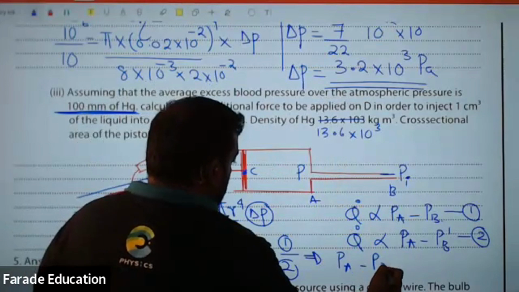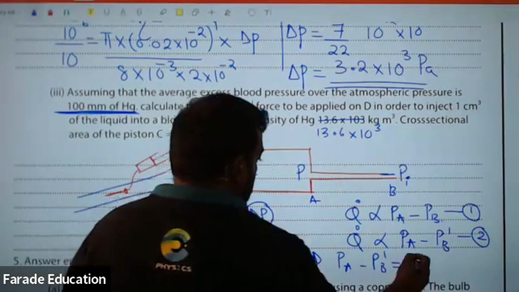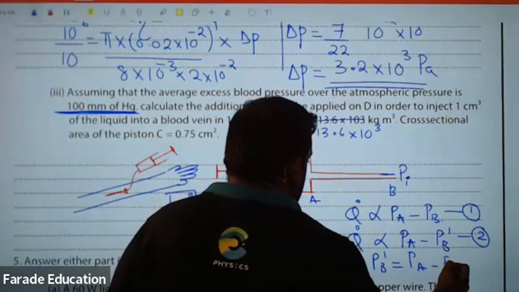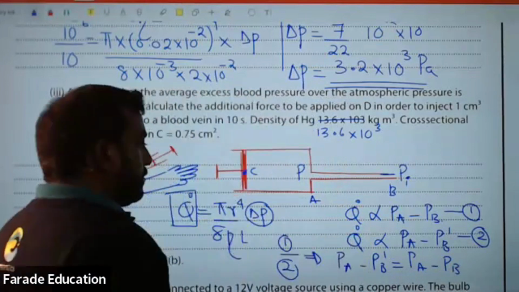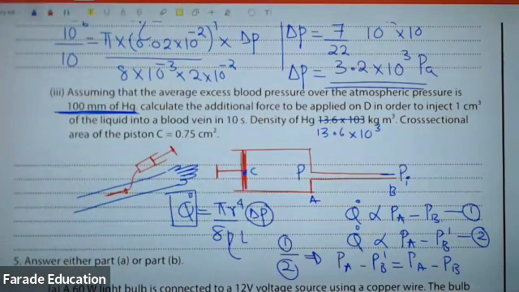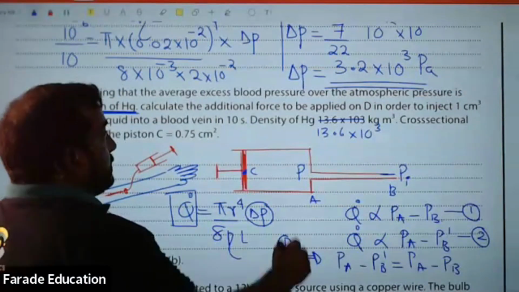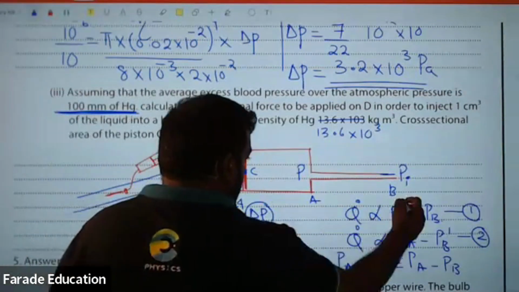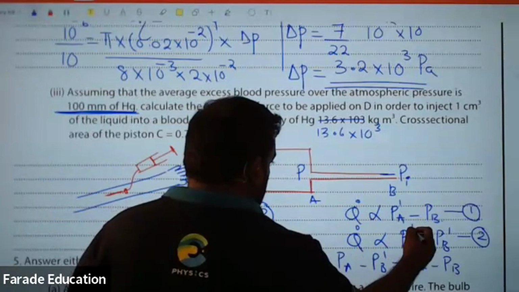PA minus PB dash equals PA minus PB, pressure difference. Right? There will be a pressure difference there. So the earlier pressure difference you found, so these are PA double dash, I think.